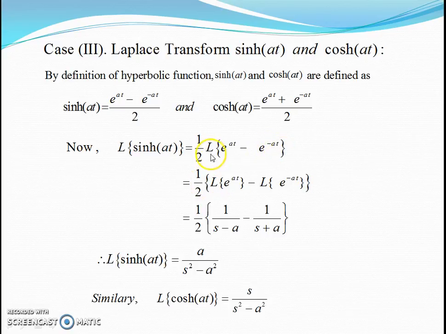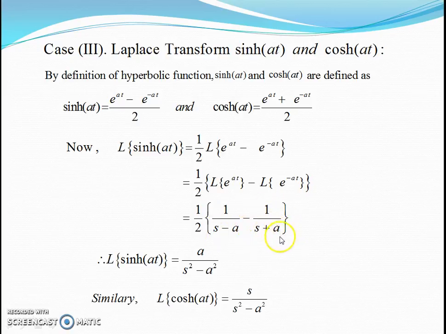Separate the Laplace operator for each term in the bracket and use the standard formula of Laplace transform of e raised to at and e raised to minus at derived in case number 1. We get Laplace of hyperbolic sine at equal to 1 upon 2 into bracket 1 upon s minus a minus 1 upon s plus a.